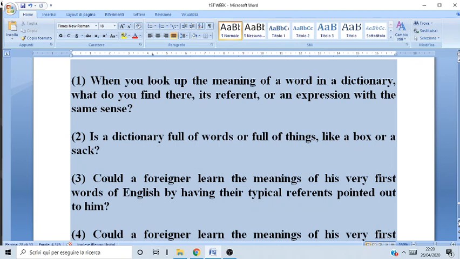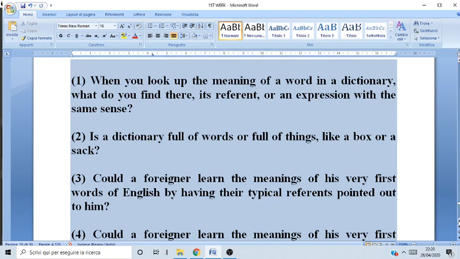Its referent or an expression with the same sense? Is a dictionary full of words or full of things?